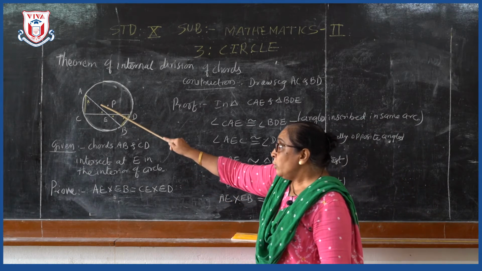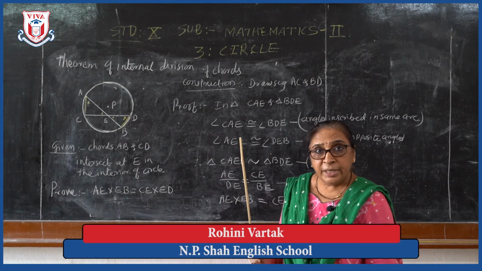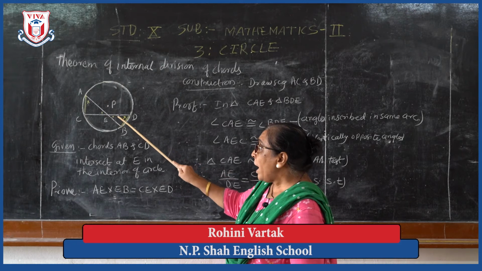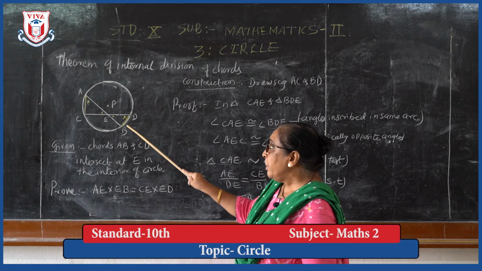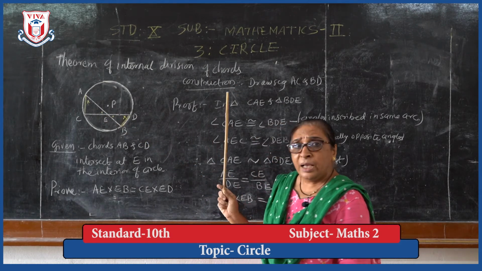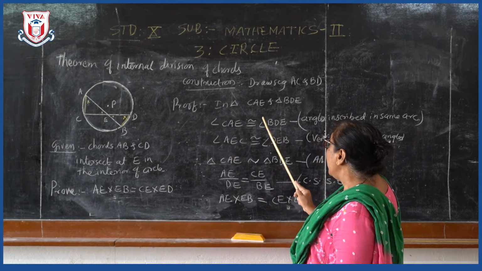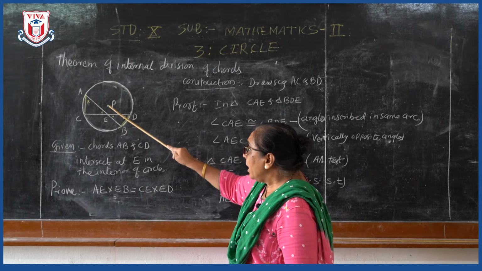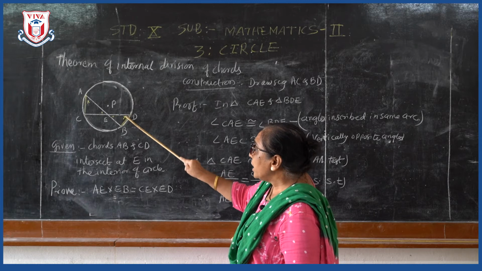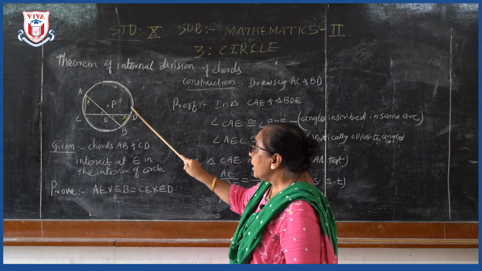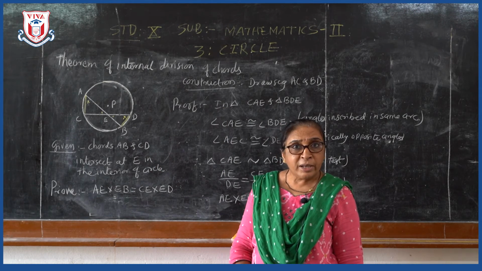For this we have to do the construction, that is draw segment AC and segment BD, so that we get two triangles, triangle AEC and triangle DEB. Now children, you just compare the angles of these triangles. In both the triangles, angle CAB and angle CDB are inscribed in the same arc, and that's why they are congruent, because we know that angles inscribed in the same arc are congruent.